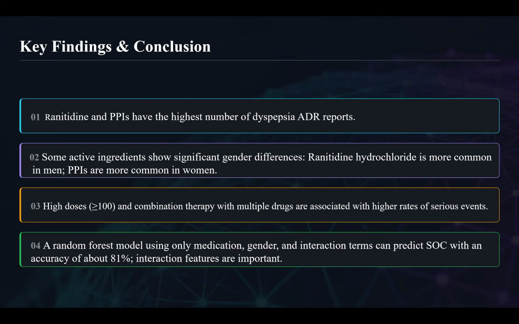As our key findings and conclusions across this project, we learned that ranitidine and PPIs dominate the dyspepsia-related adverse events, in which there are clear gender differences in adverse reaction patterns, plus higher doses and more drugs increase the chance of severe outcomes.